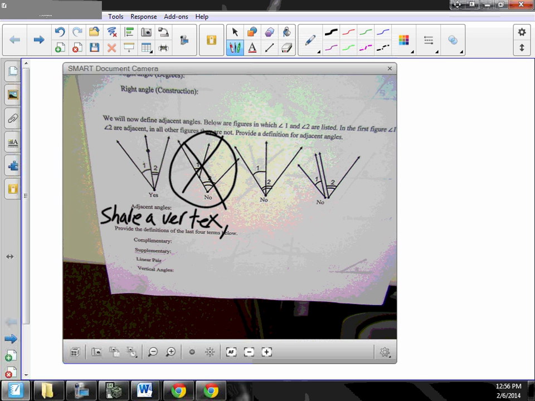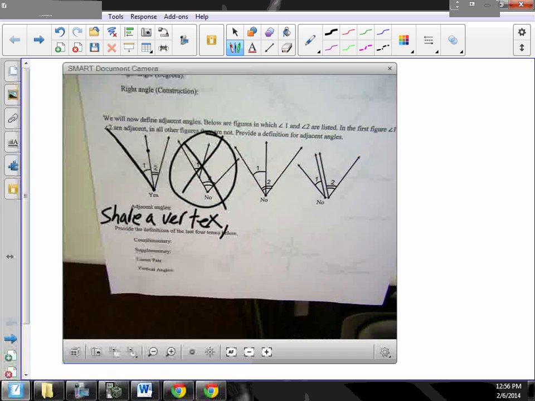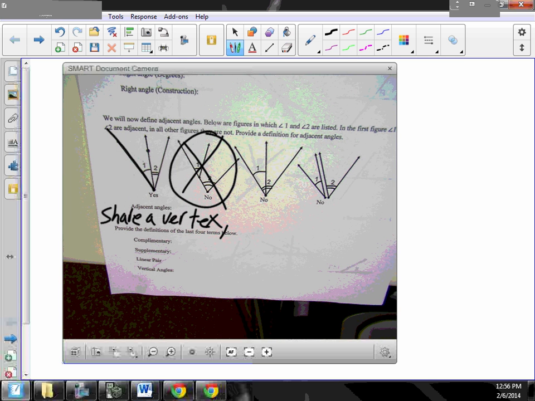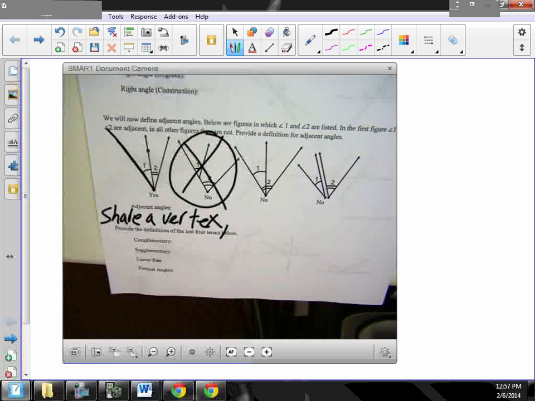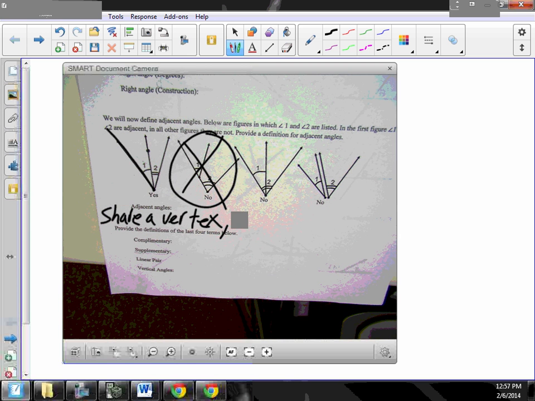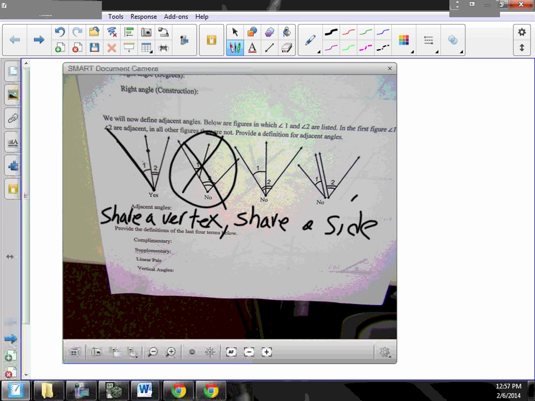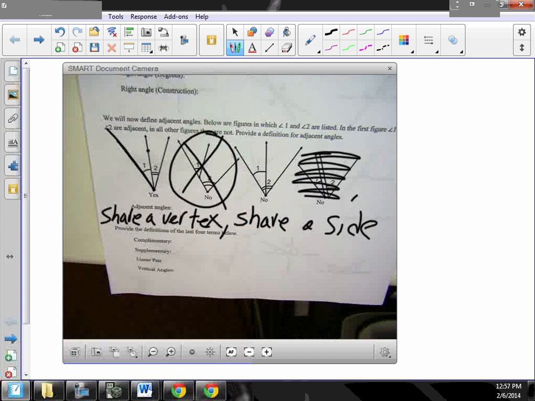Sorry, this is not a difficult question. What is that called? It's a ray, but what is the structure of the angle called? It's the same thing we call, I almost said it again, the structures inside polygons. Sides! Yes, they share a side. Sorry. So figure 4 is thrown out because it doesn't share a side.